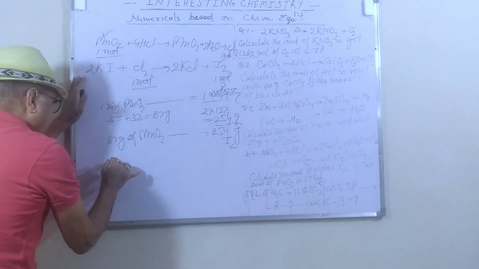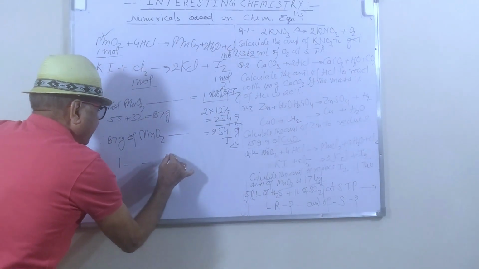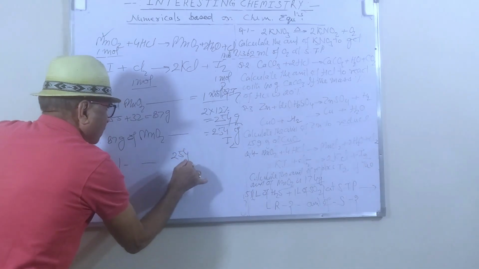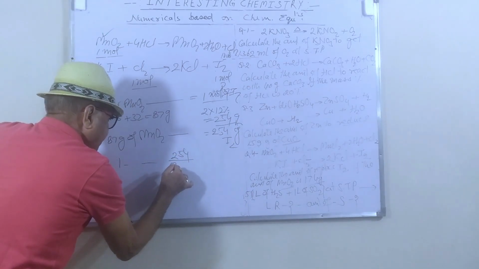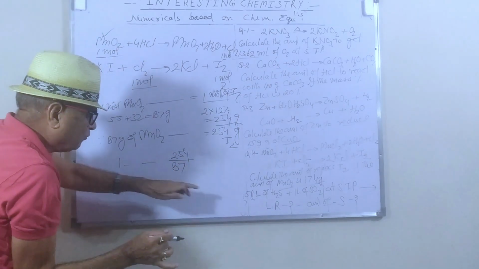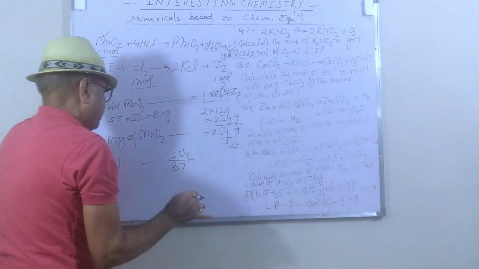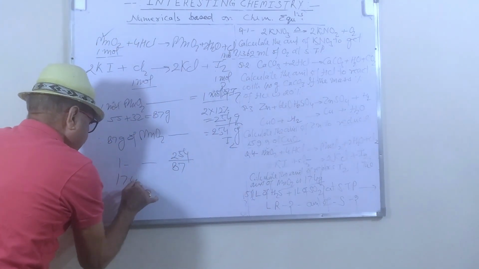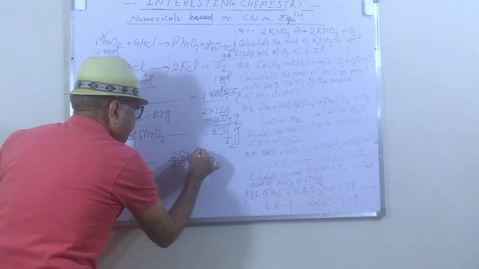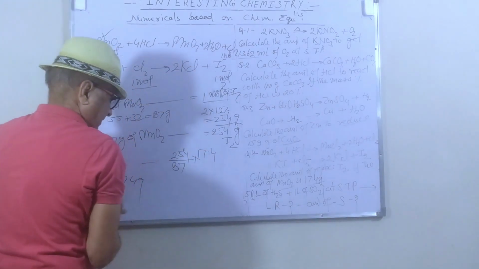So again, 254 upon 87, and what amount of MnO2 is given? 17.4 gram. You can write here 17.4 gram.